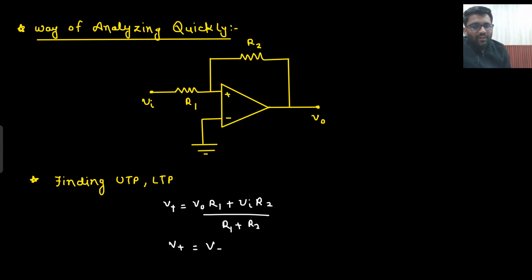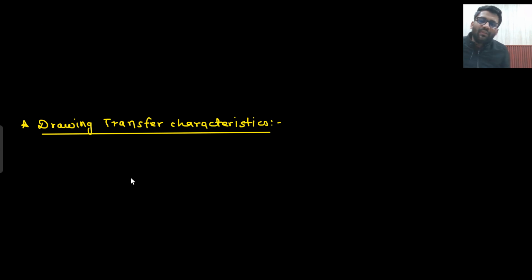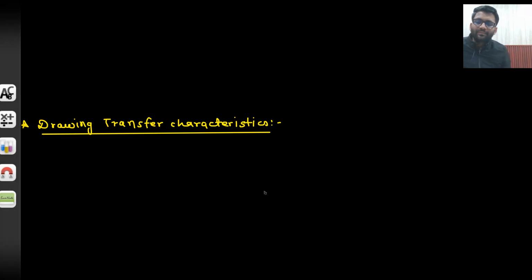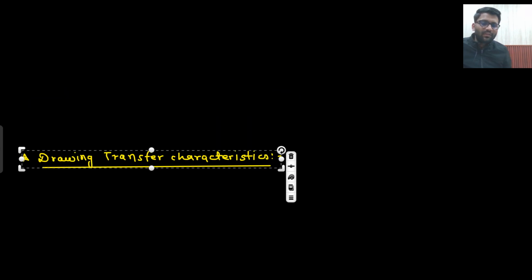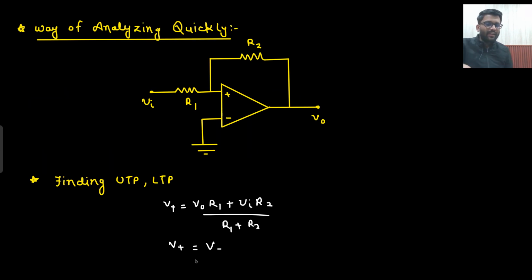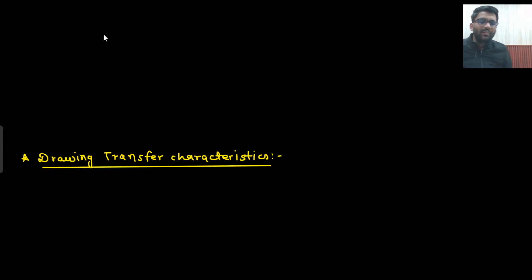Now you will take two conditions. First you will assume your output to be plus V sat, and then second you will assume your output to be minus V sat, and based on that you will find the value of Vin. So I have first found out my V positive, then I will equate it to V negative. First I will assume my output to be plus V sat.